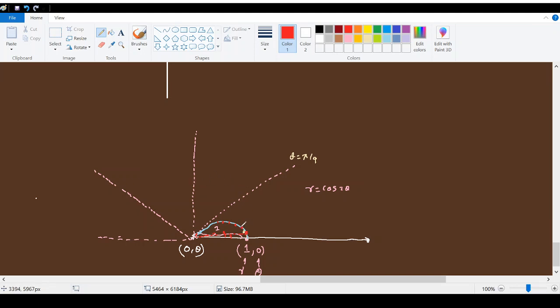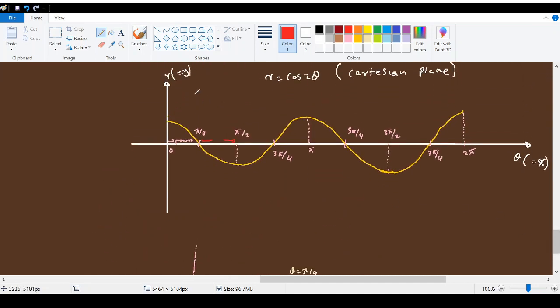Say for example a point in here might have a certain radius which is less than 1 and a certain angle which is greater than 0 but less than pi by 4, and a point somewhere here will have an angle which is greater than pi by 4, and let's see what will happen to the r. r will take a negative value. Remember, when I say a negative r, that represents the opposite point.